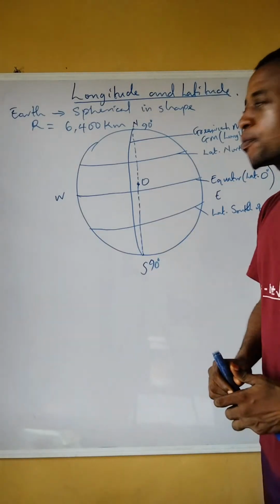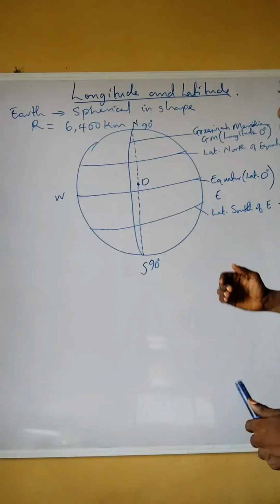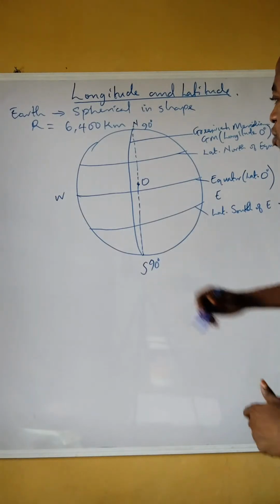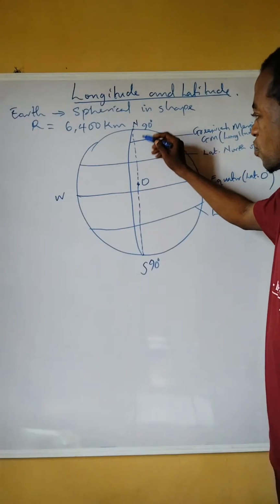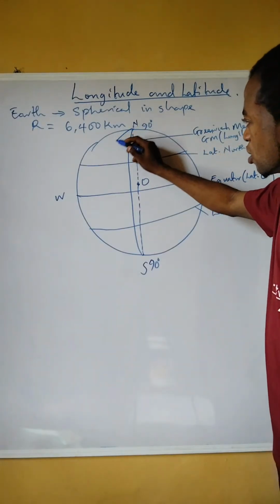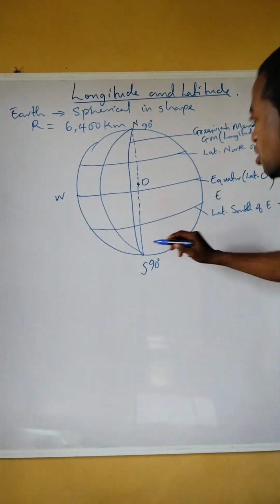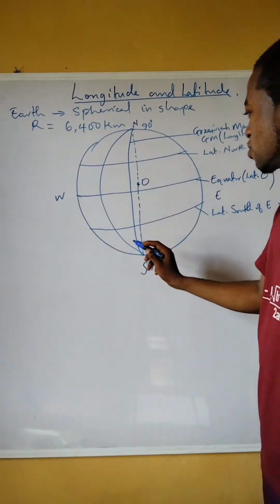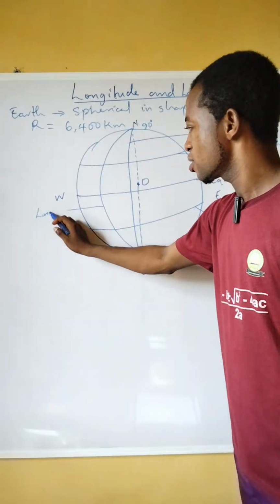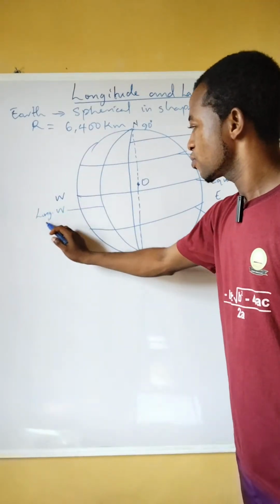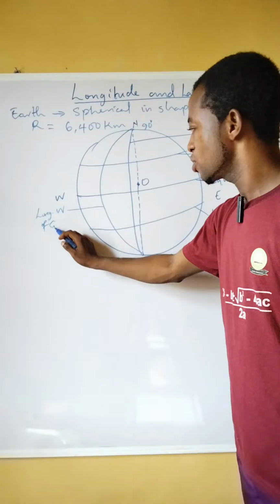The same thing applies to longitude. We can have a longitude on the west side of the Greenwich meridian, which is longitude west of the Greenwich meridian.